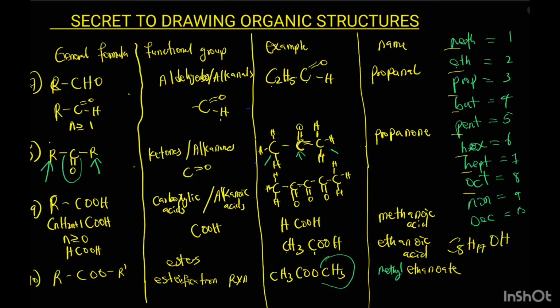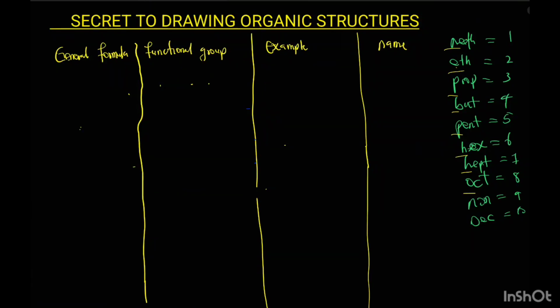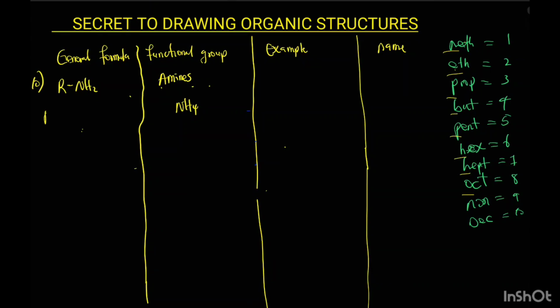Alright, so the next one we're going to be discussing is amines, number 10. Note that the hydrogens can be replaced by functional groups. They can be replaced by R. Each time it is replaced, it's going to be something like this.